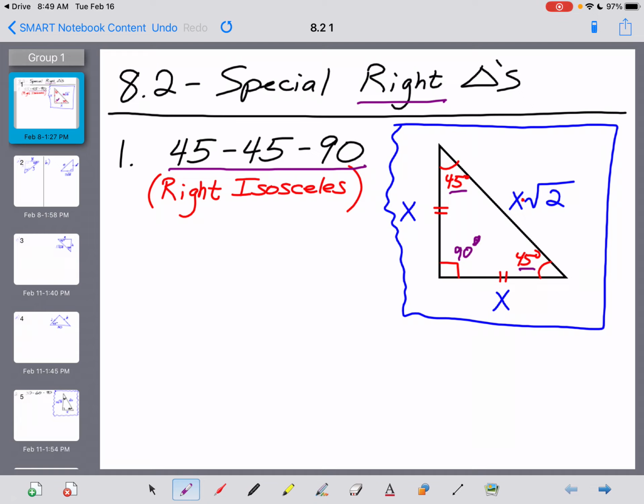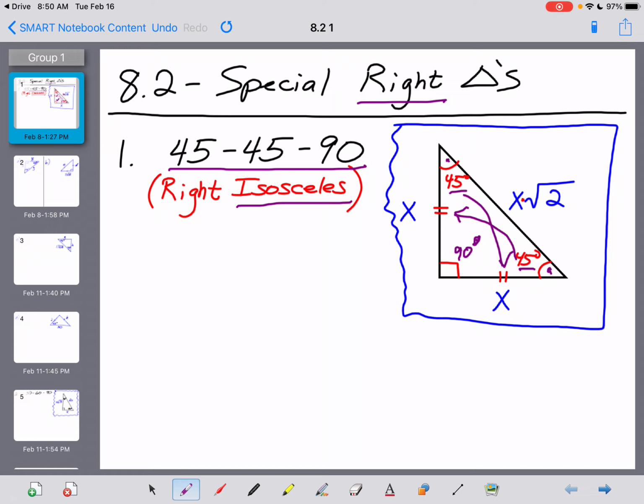Now, let's go back to a property that we learned in chapter 4 that said that if a triangle has two congruent angles, and this one does, the 45-degree angles obviously are congruent to each other, then the sides opposite from those congruent angles, such as the bottom leg and the left leg, have to be congruent to each other as well. So a triangle with two congruent angles must also have two congruent sides, and that is the definition of an isosceles triangle.